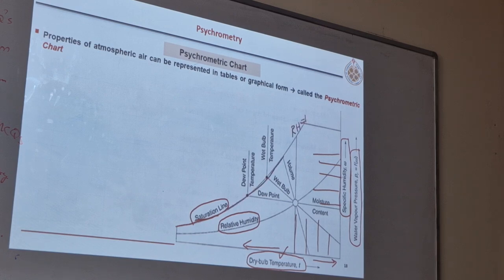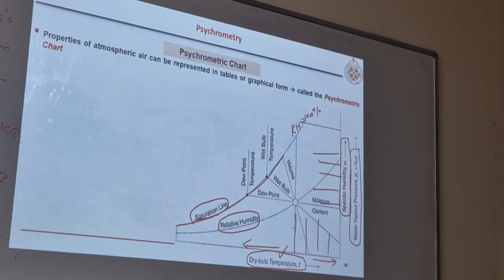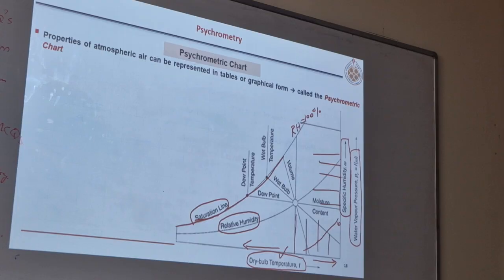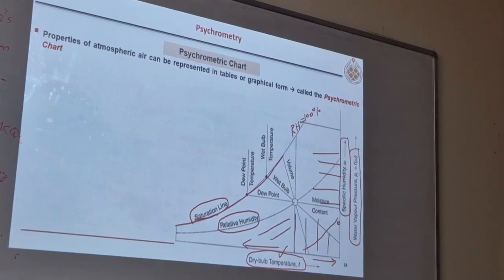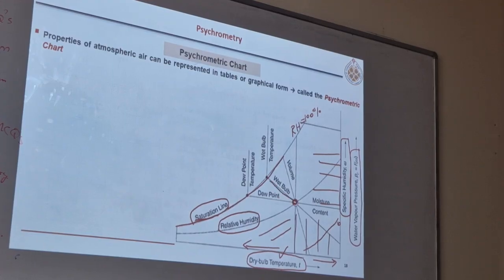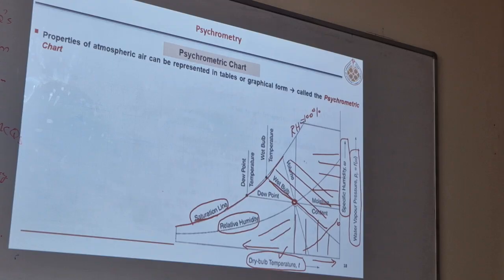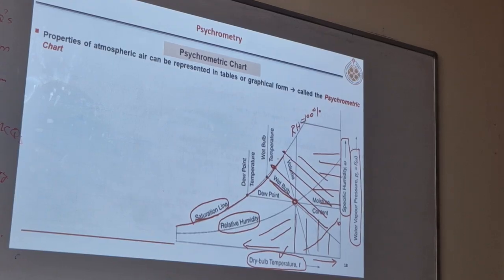Dew point, yes, I'll come to dew point also. Then relative humidity decreases. Here you will have somewhere 0% relative humidity. These are relative humidity lines. Dew point and wet bulb. Now these are wet bulb. Wet bulb lines are like this, and the wet bulb temperatures are mentioned normally here on this curve.